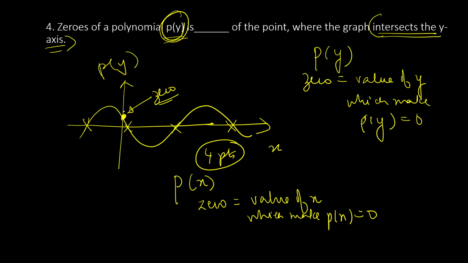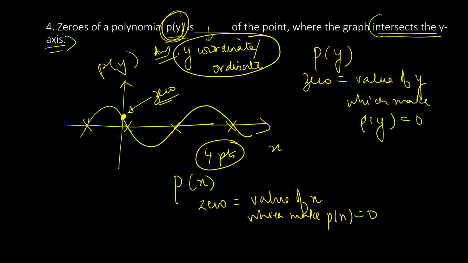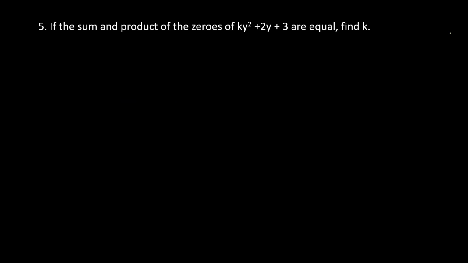How do you find out the value of the 0? The x coordinate is obviously 0. So the 0 in this case would be the y coordinate, which is also called ordinate of the point. This becomes our answer.